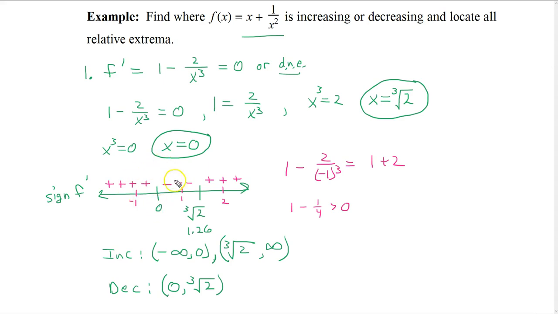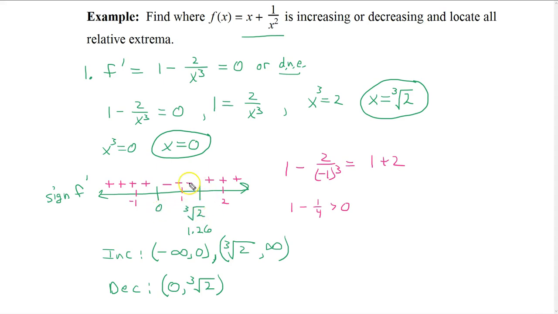However, if we go back to the original function and try to put 0 in here, we see that we can't, because we get 1 divided by 0. So that's actually where our function has a vertical asymptote right here. So that's actually not a relative extrema, because our function does not exist at 0. So we can't list this as a relative maximum.